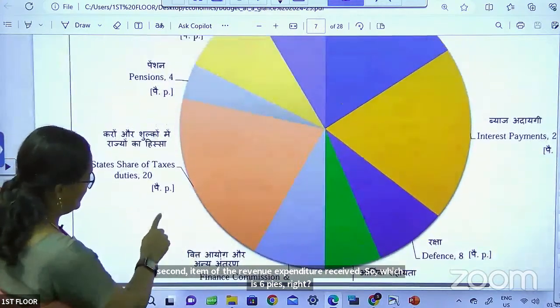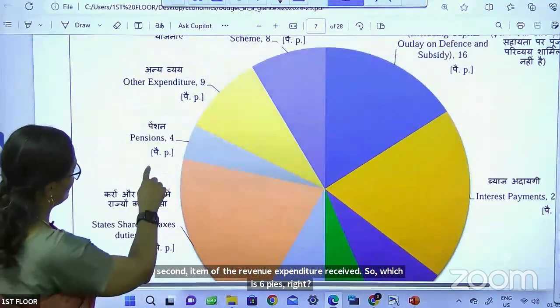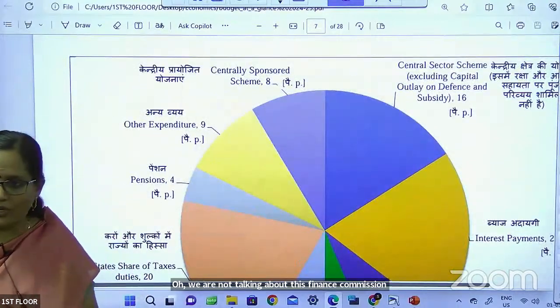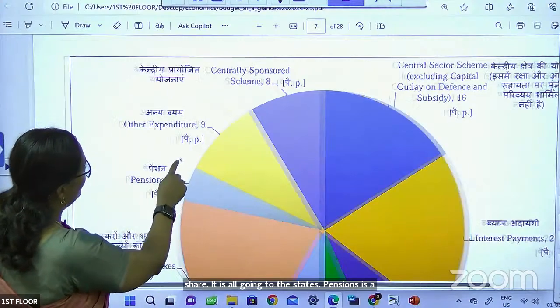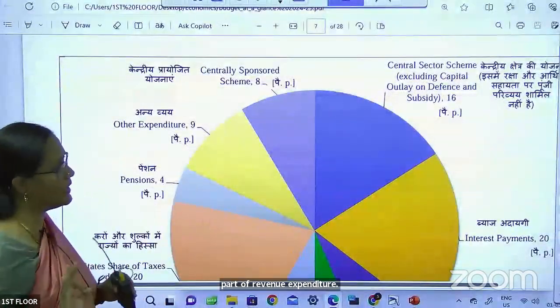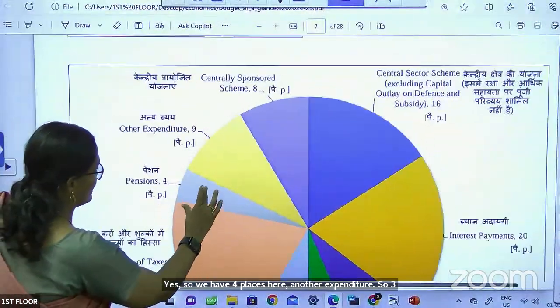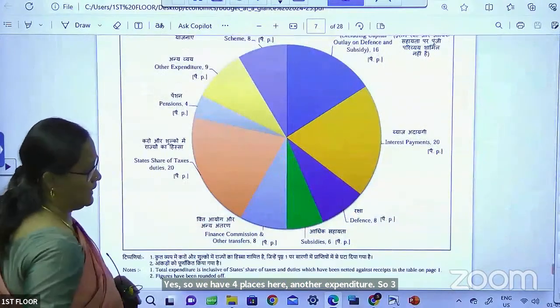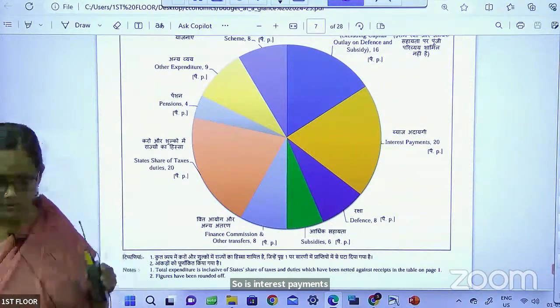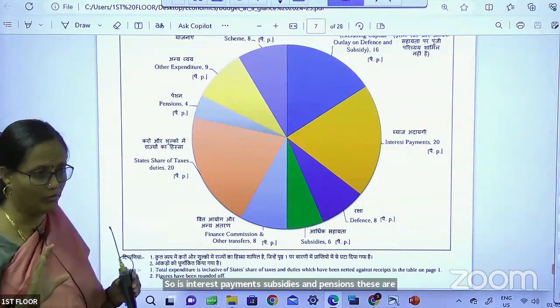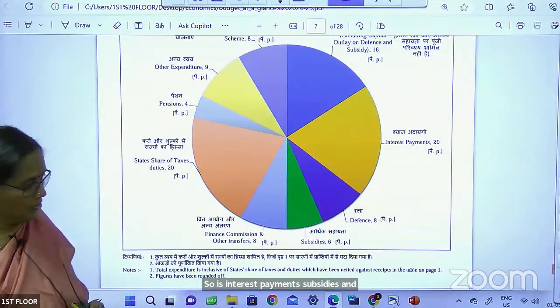We are not talking about this finance commission share. It is all going to the states. Pensions, is it part of revenue expenditure? Yes. So we have 4 paise here and other expenditure. So three obvious items which they have written on this slide are interest payments, subsidies and pensions. These are the three major items as part of your revenue expenditure.